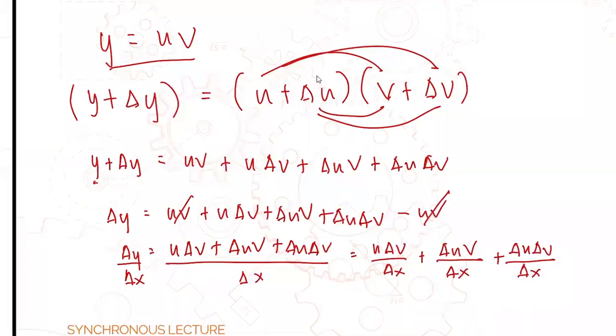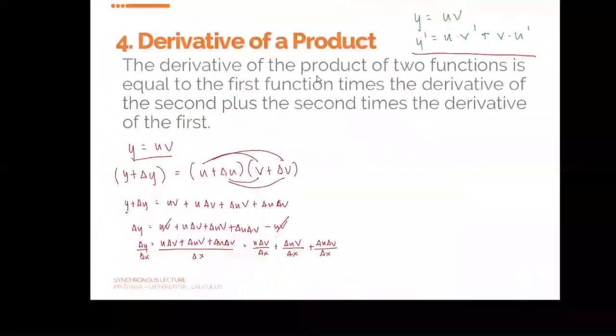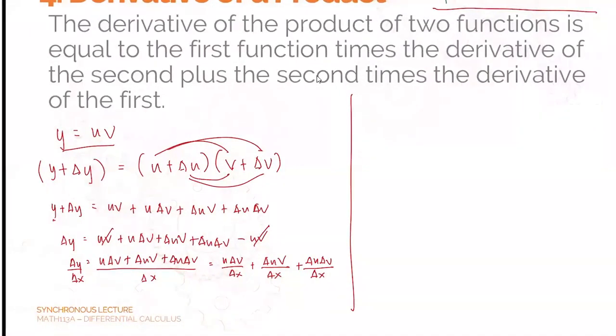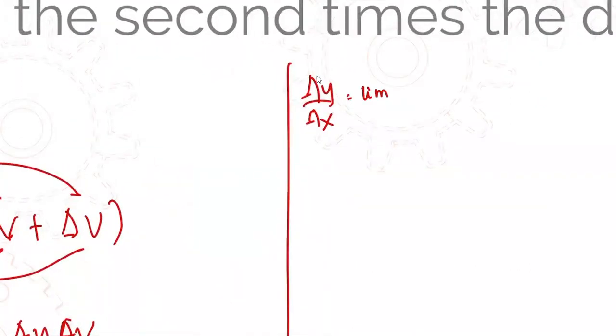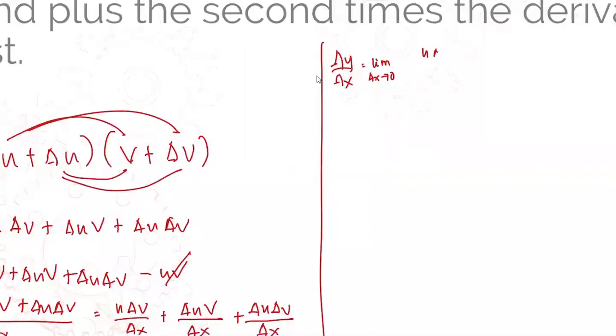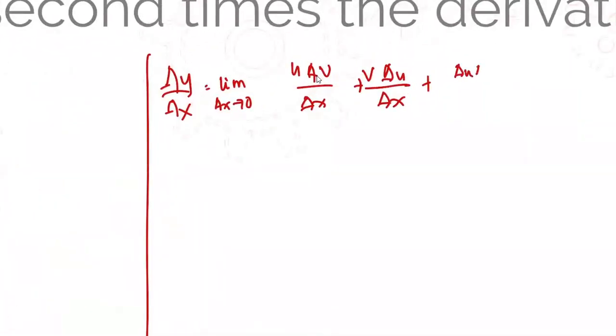Okay? Tapos kapag nag-limit na tayo, so yung delta y over delta x, i-limit natin is equals to limit as delta x approaches 0 of u delta v over delta x plus delta u v over delta x plus delta u delta v over delta x. Okay.